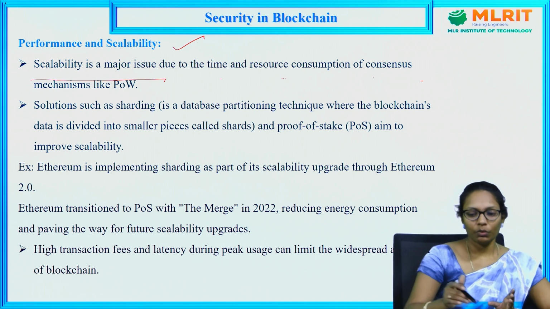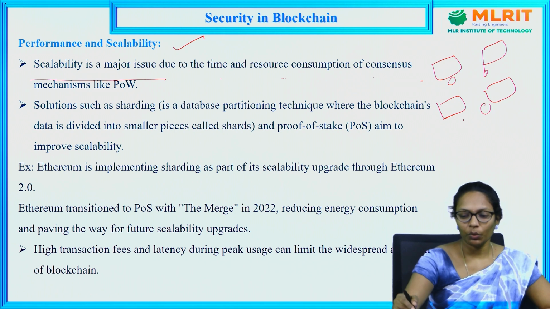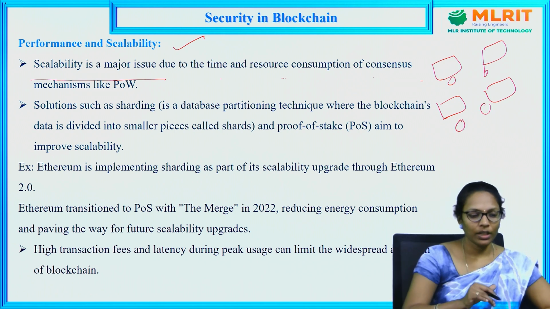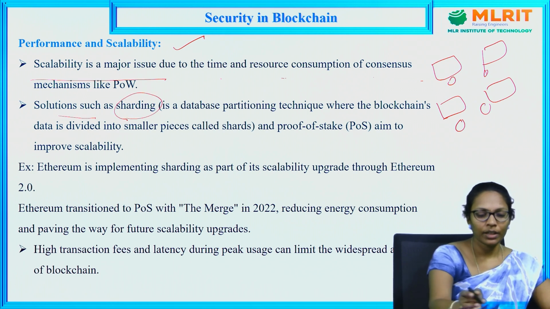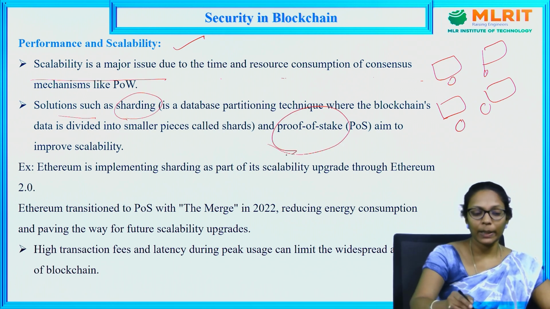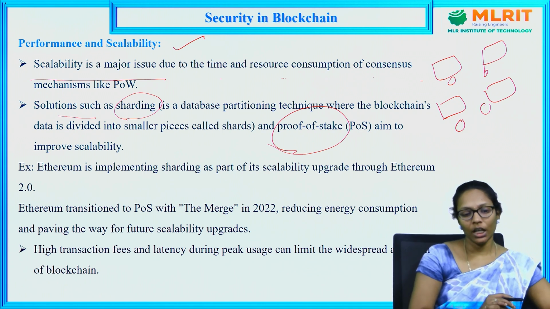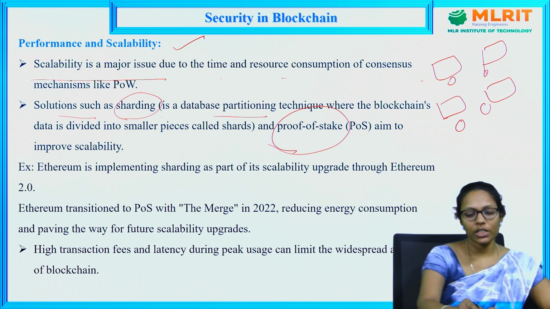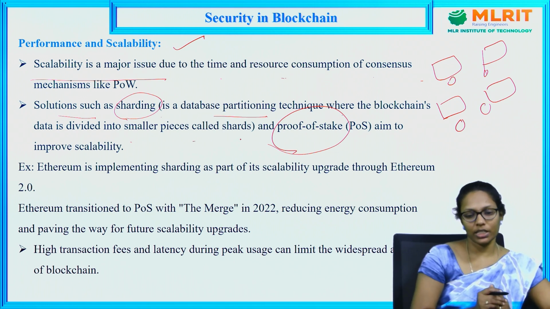So whatever the complex things or whatever the data, we need to maintain at each and every node, so that I can't accommodate the space which I have. So for this, what is a solution? Solutions such as sharding and proof of stake can be used. So instead of proof of work, we can also use proof of stake, or we can also use the sharding technique. Sharding means it's a database partitioning technique where the blockchain's data is divided into smaller pieces called shards.